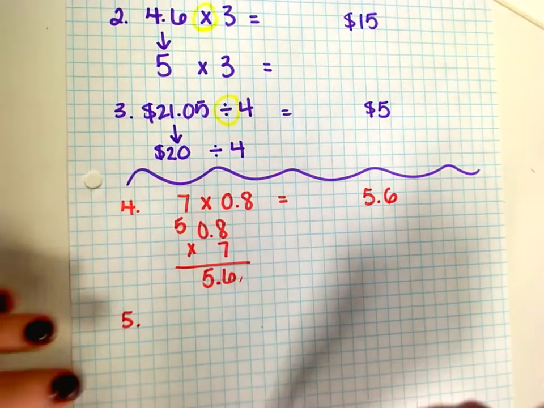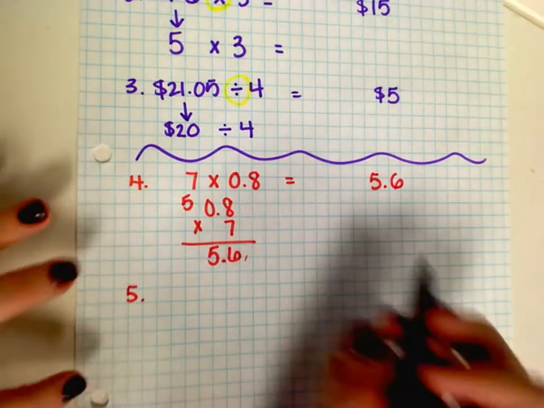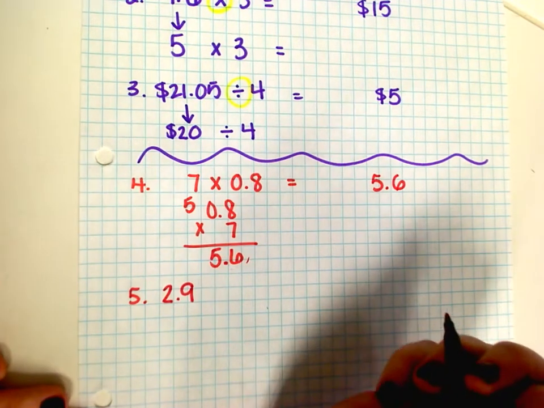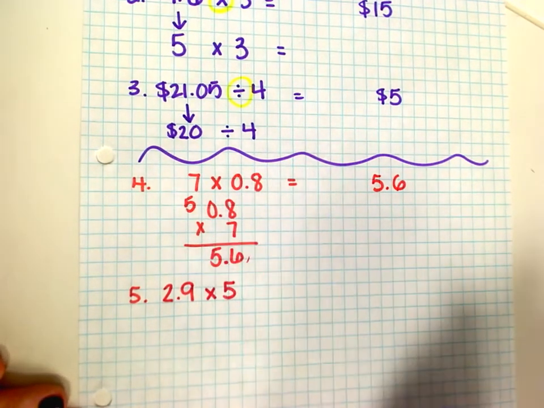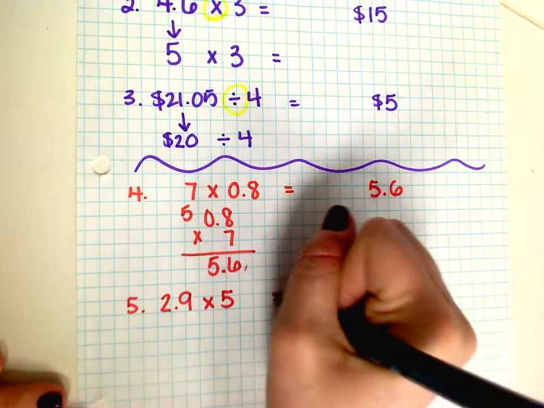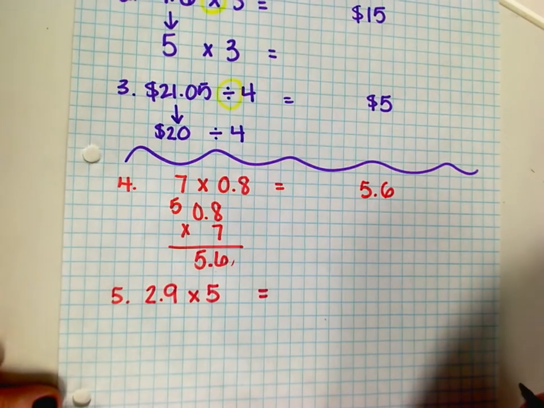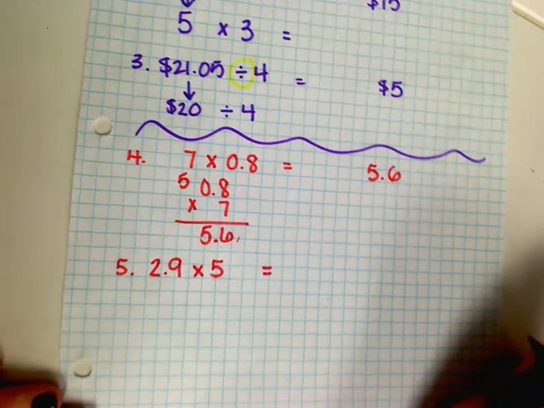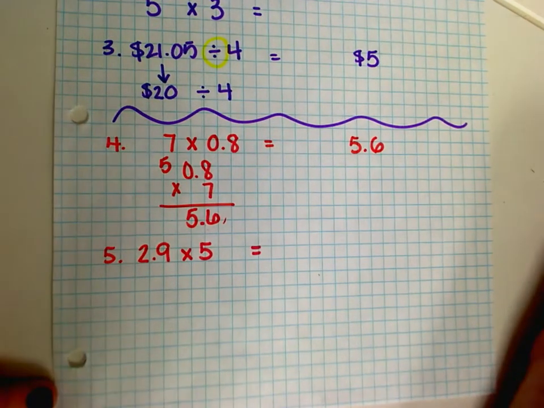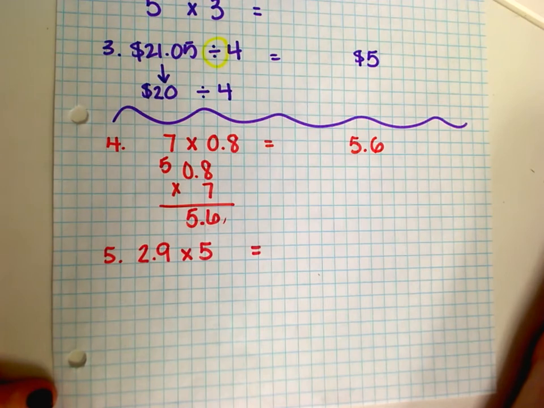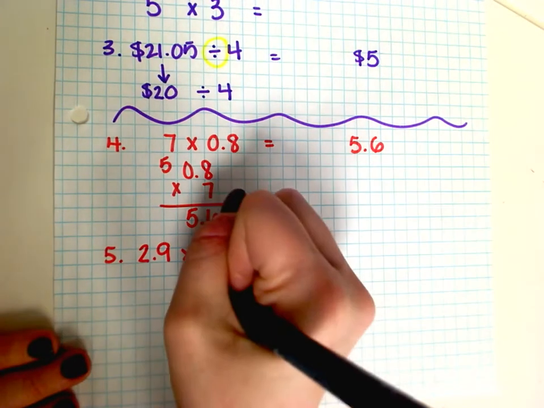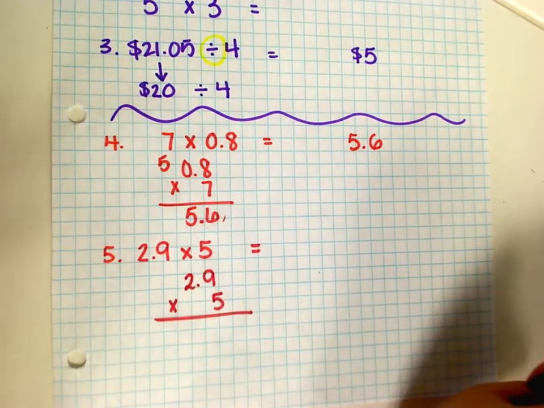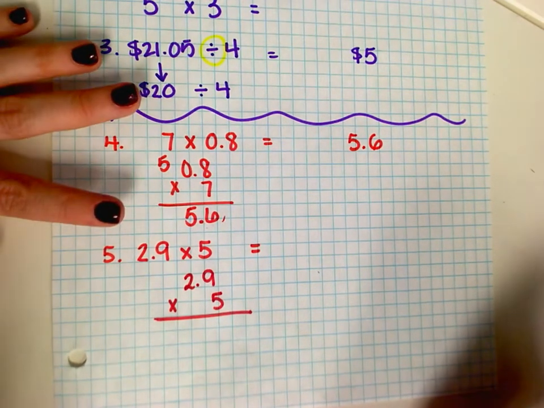Okay, let's look at this one, number 5. Again, we're multiplying, same thing. Same amount of digits after the decimal point. 2 9/10 times 5. What did you get, Alex?